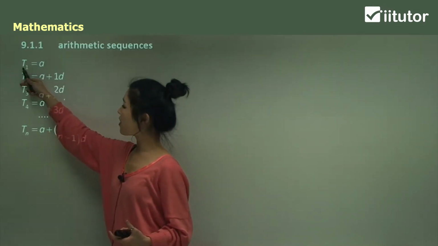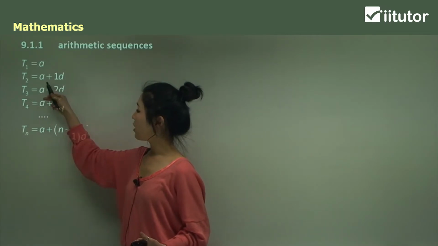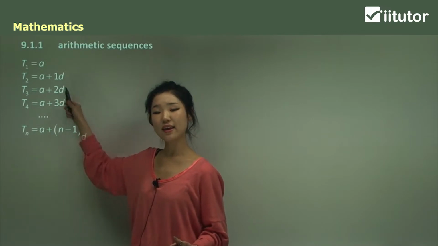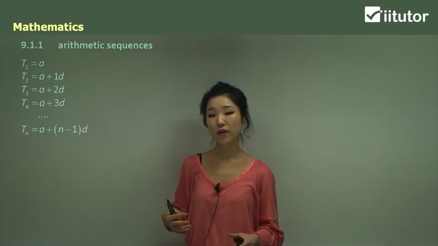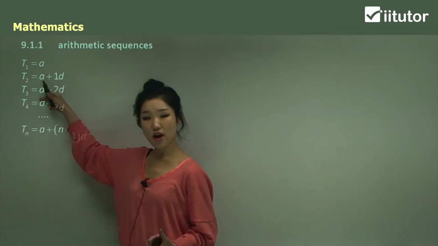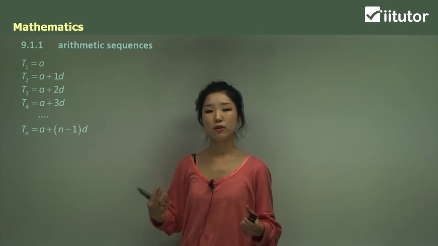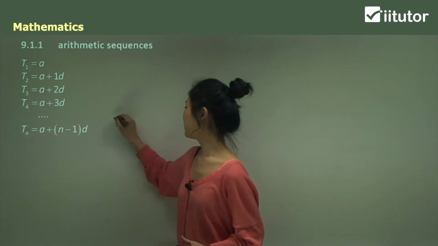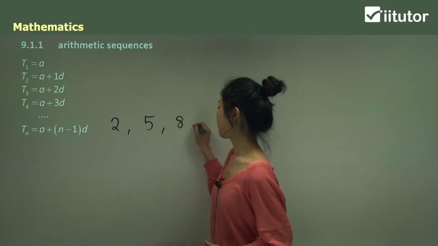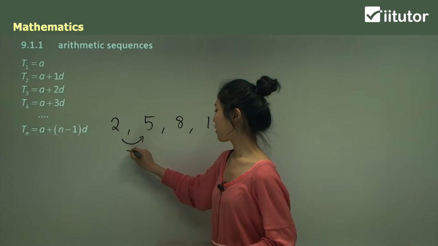So if the first term is A, then the second term would be A plus 1 times D, and D is the common difference. D stands for the common difference, whereas A is the first term. What I mean by common difference is that, for example, if you see a pattern like 2, 5, 8, 11, see how we're going up by 3s?